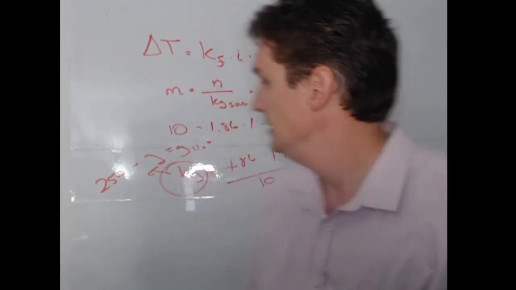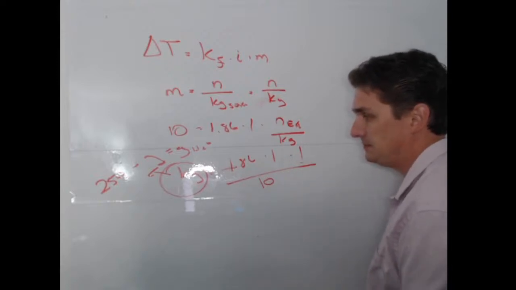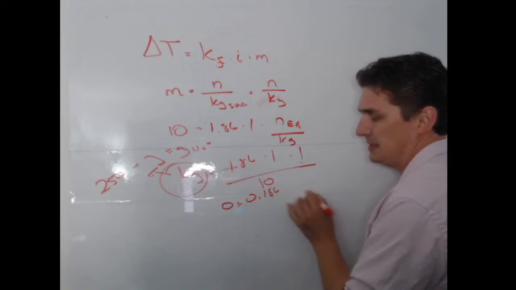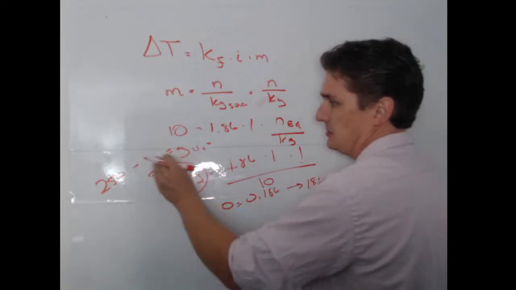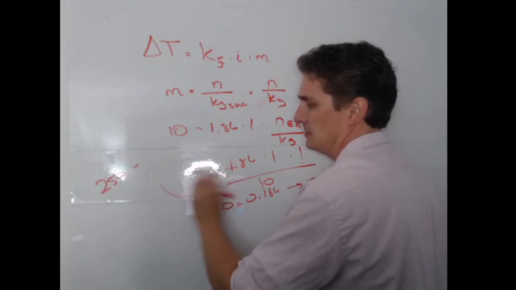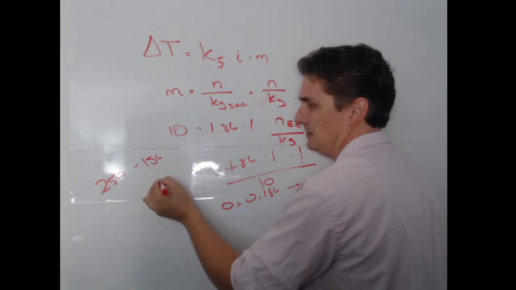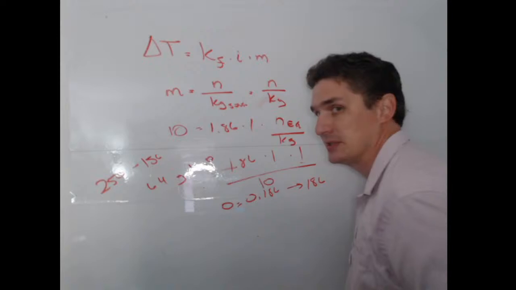If the i is 1, then it's just times 1. So your kilograms here are 0.186 kilograms. That's 186 grams. So 250 minus 186 gives you 64 grams of H2O that was frozen out.